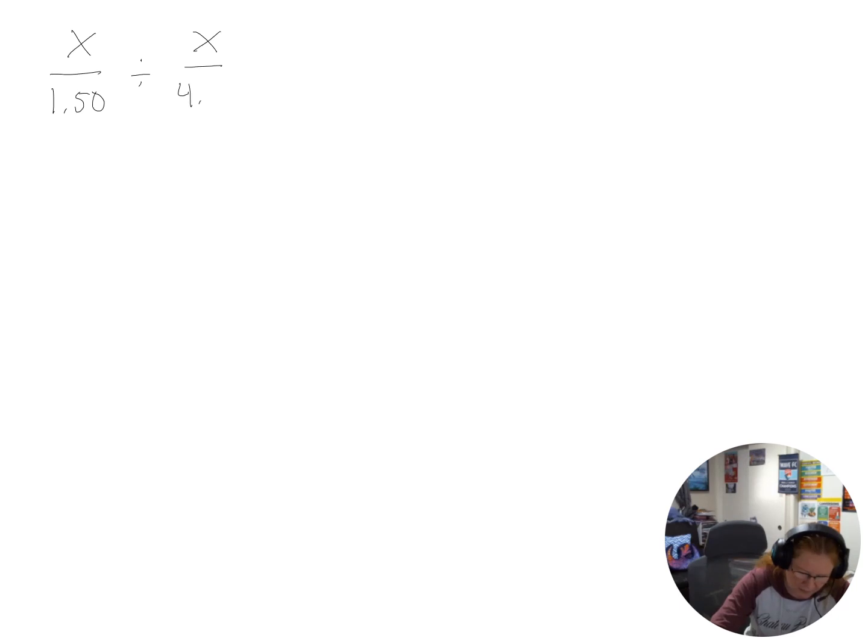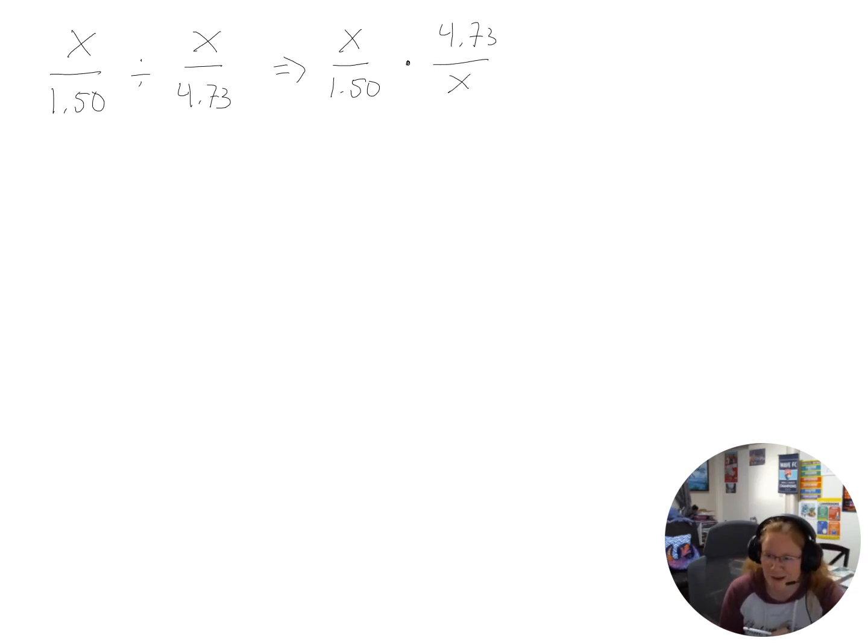So I had rate of methane divided by rate of question mark. So I had X molecules, so X over my 1.50 divided by X over my 4.73. Now, if you remember way back to learning fractions, if I'm dividing fractions, I'm actually multiplying by the reciprocal. So I can do X over 1.50 times 4.73 over X. X on top, X on bottom.